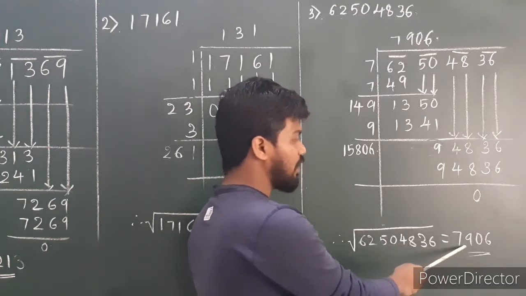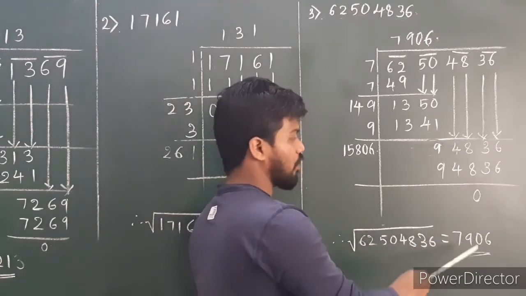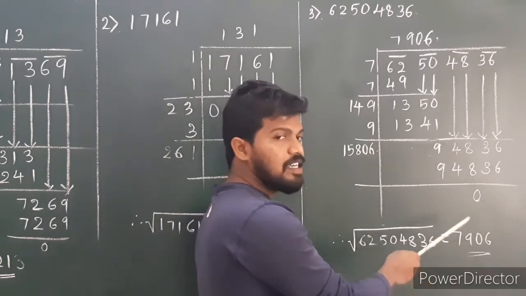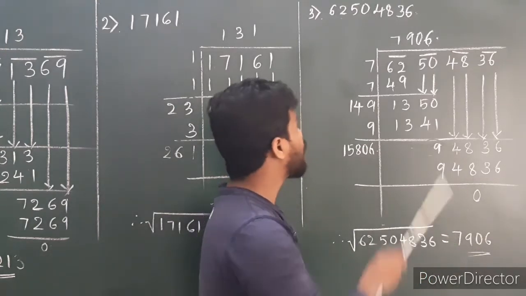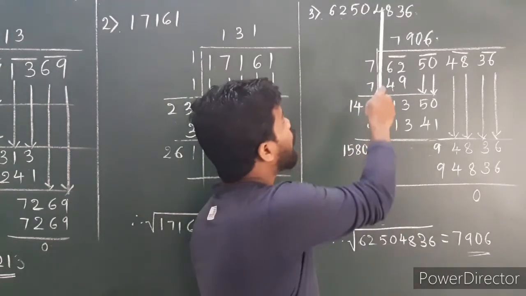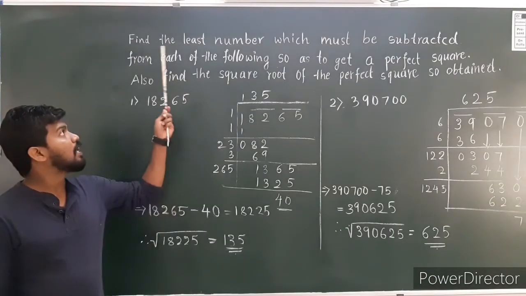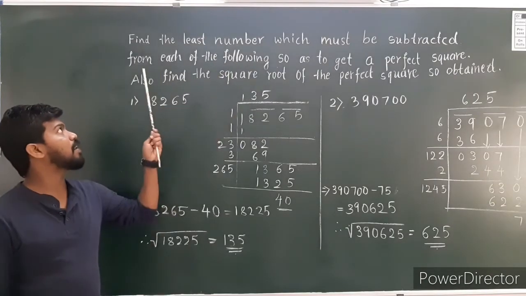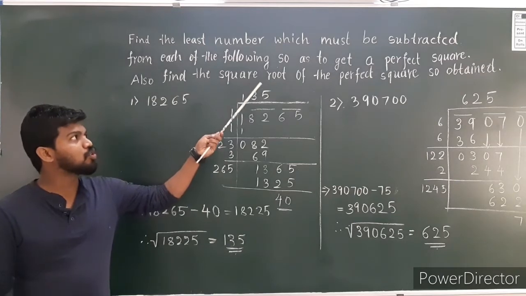That means 7,906 into 7,906 you get 4,836.